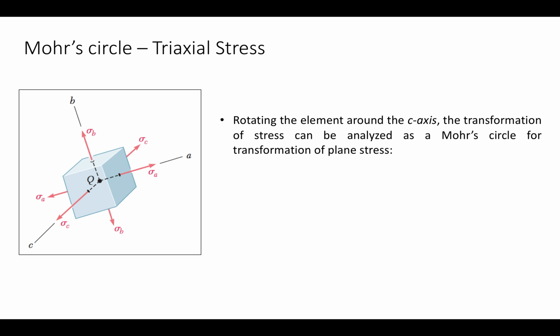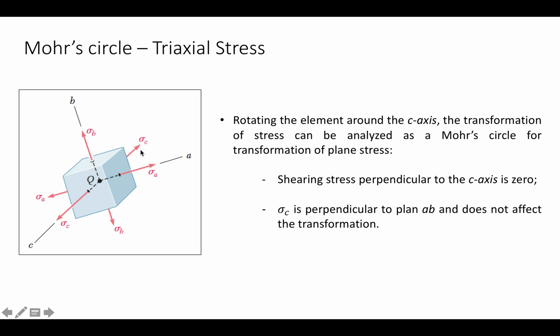The Mohr circle can also be found for triaxial stress. It's basically the same analysis that we did before in the plane stress, but now we do the same analysis 3 times. So basically we rotate the element around the c-axis, and then you can analyze the plane AB as a plane stress. So the shear stress perpendicular to the c-axis is 0, so basically the shear stress in the A face and the B face here will be 0, which will give us a principal stress.